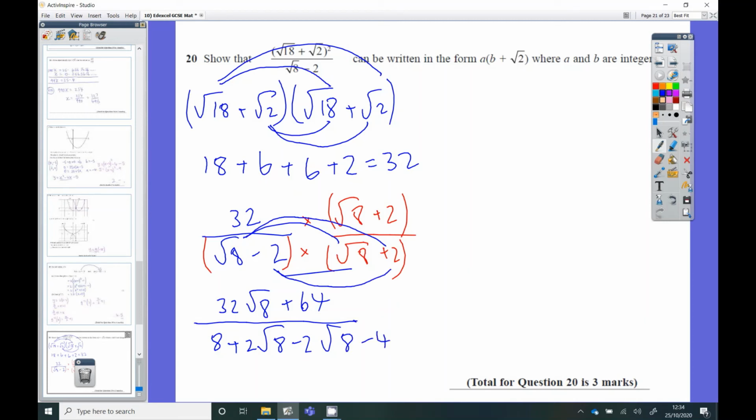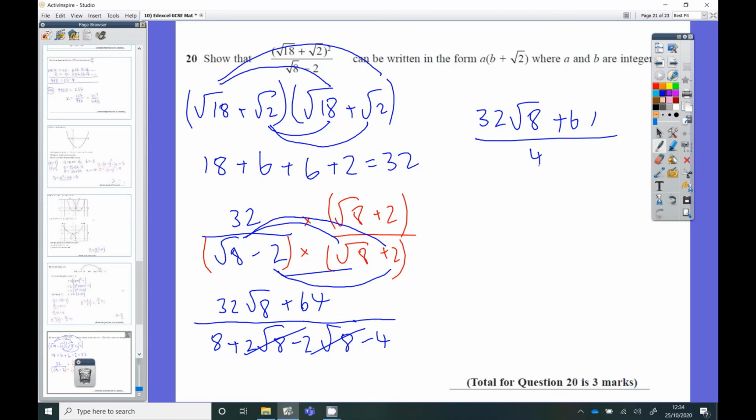Now the whole reason we had this change of sign here in red is that's going to make sure that these terms 2 and 3 cancel out. So we're left with 32 root 8 plus 64 all over 8 take away 4, which is 4.